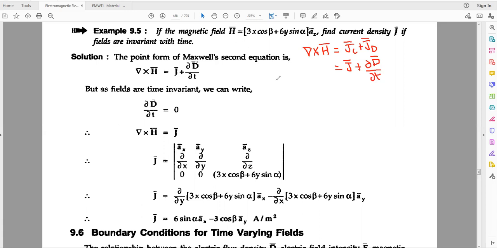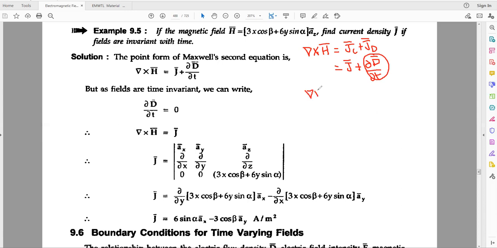Given the H bar, but as the fields or currents are time invariant, we can write dou D bar by dou T is equal to 0. Whatever term we have with respect to time, the value is 0.